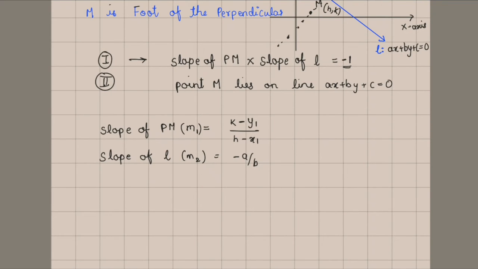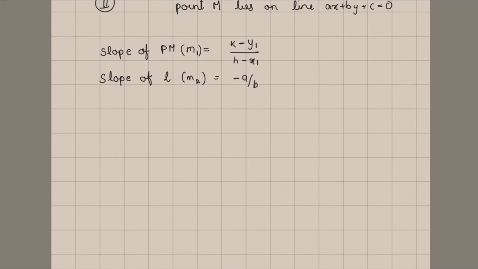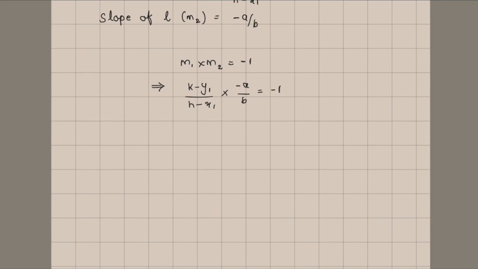Reduce the equation ax plus by plus c to the form y equals mx plus c, then you get m as minus a by b. We multiply these two, which gives -1: m1 into m2 equals -1. That implies, minus and minus get cancelled, and you get (h minus x1) by a equals (k minus y1) by b.